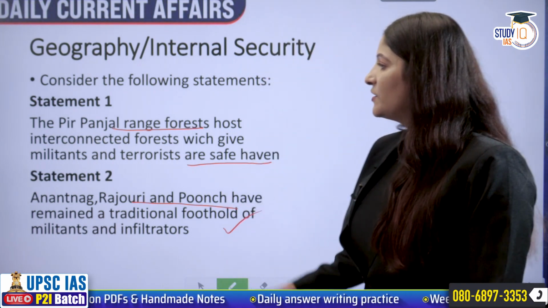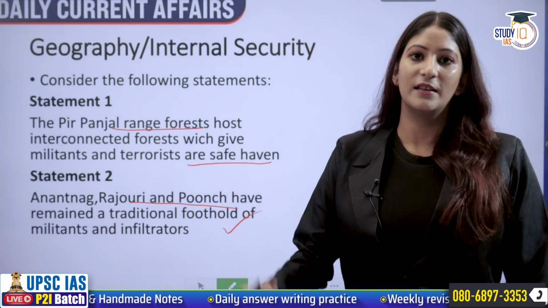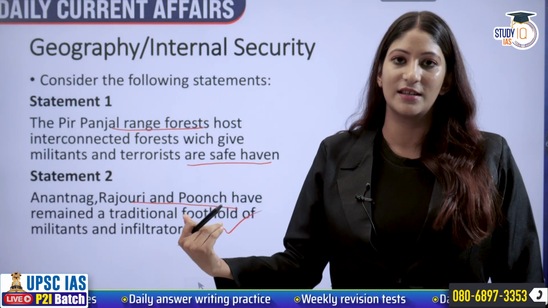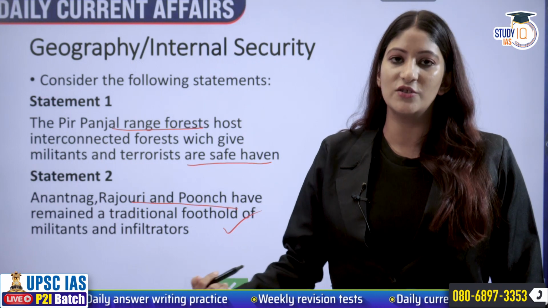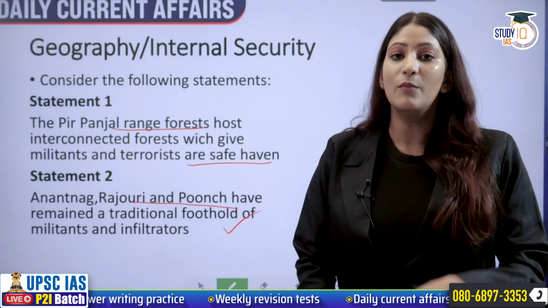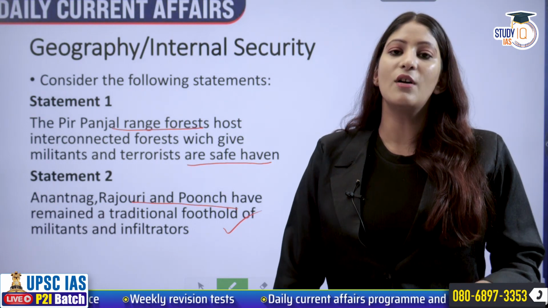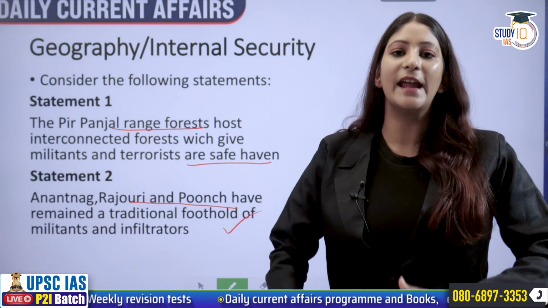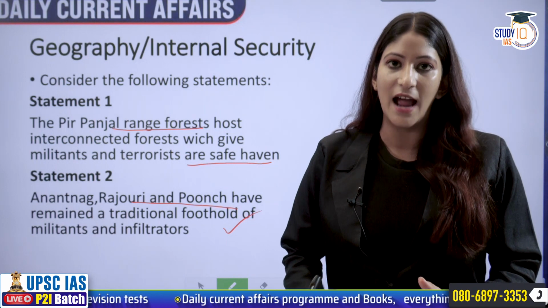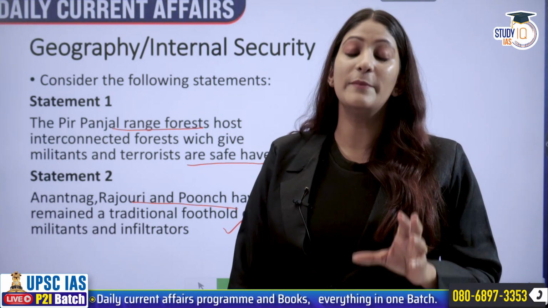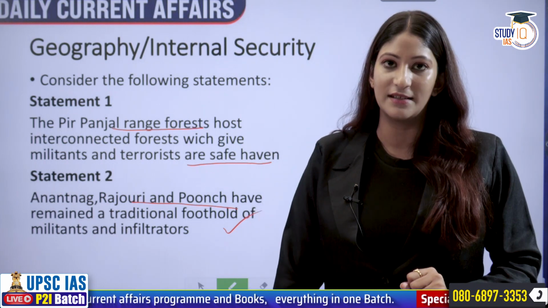See, Pir Panjal Range forests, here we have to understand that whatever regions lie to the south of the Pir Panjal forest are mostly sheltering militants. Why? Because the area is so densely forested, it becomes hard to catch militants there.